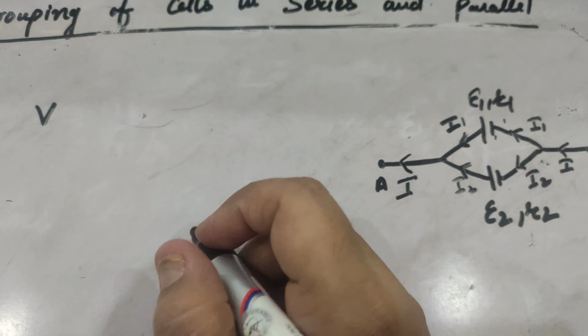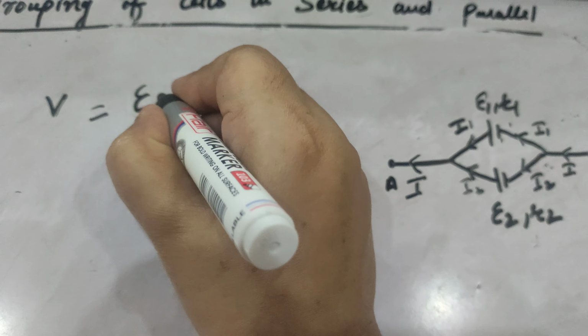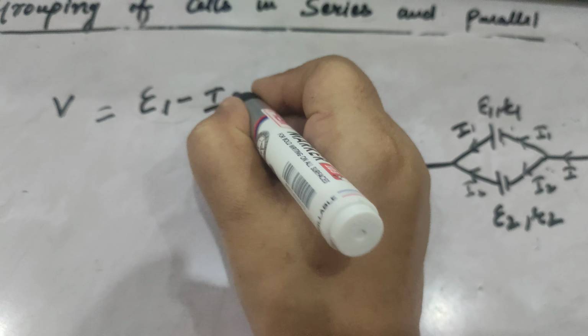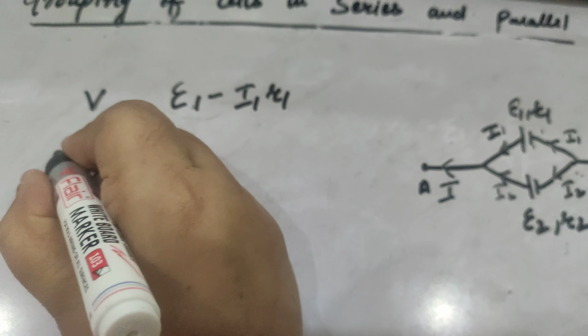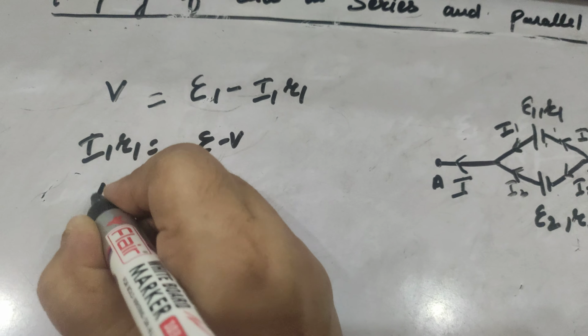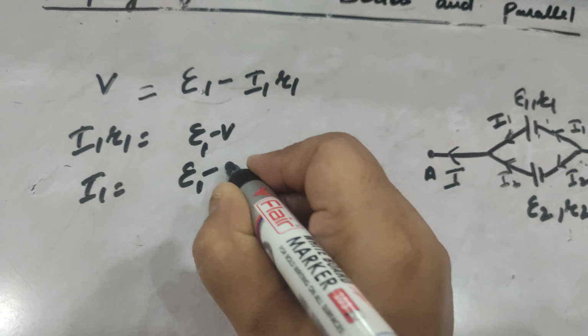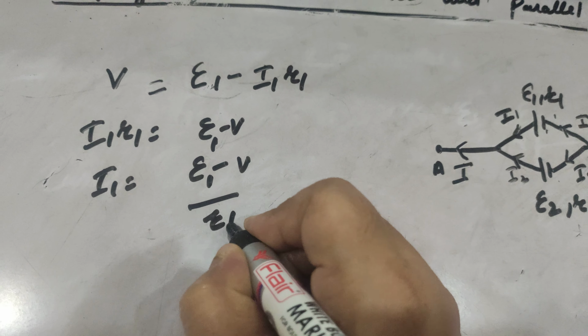Now let us find out the potential difference across the first cell, which is given by V is equal to E1 minus I1 R1. So I1 R1 is equal to E1 minus V, or I1 is equal to (E1 minus V) upon R1.